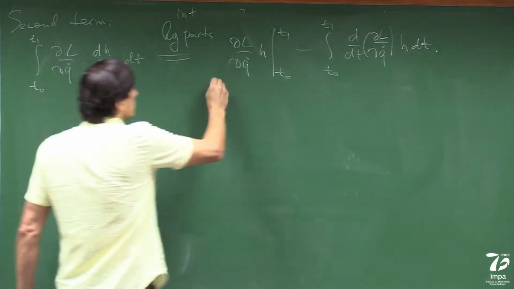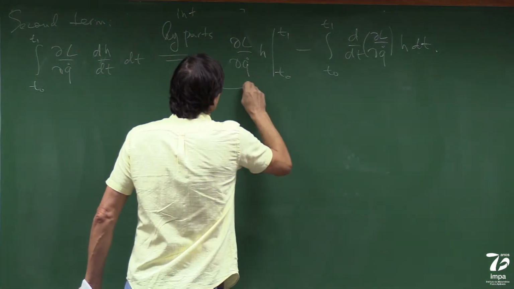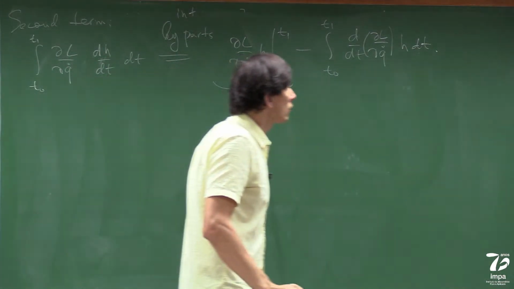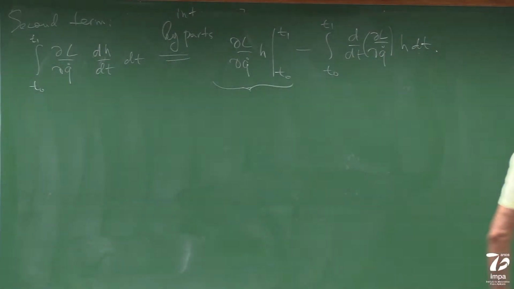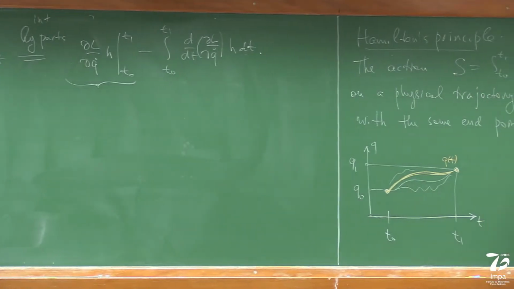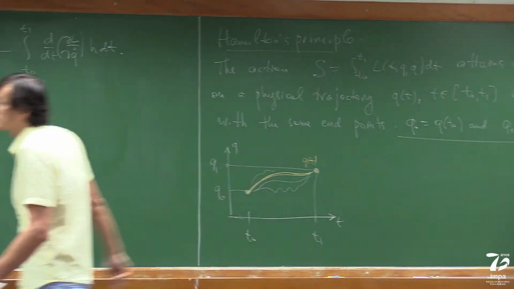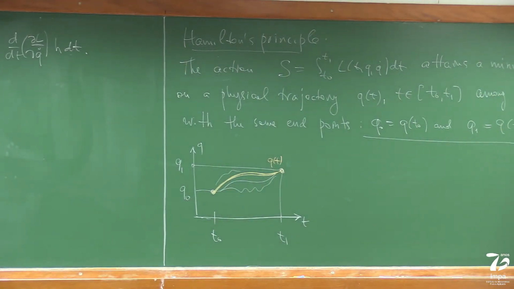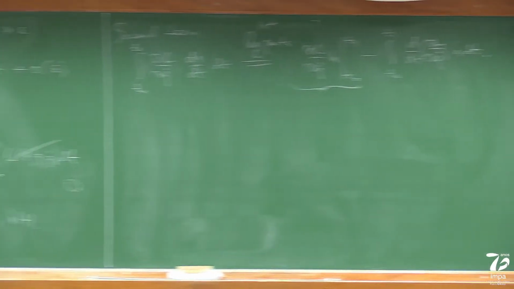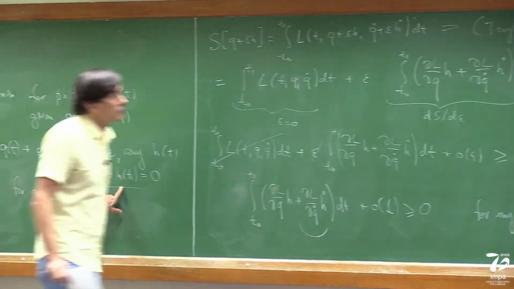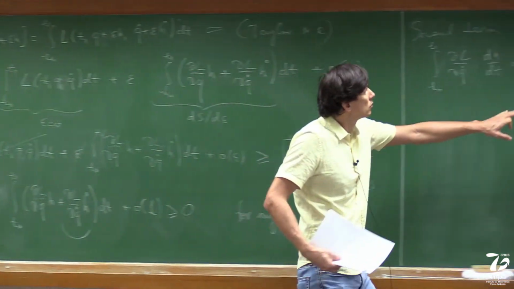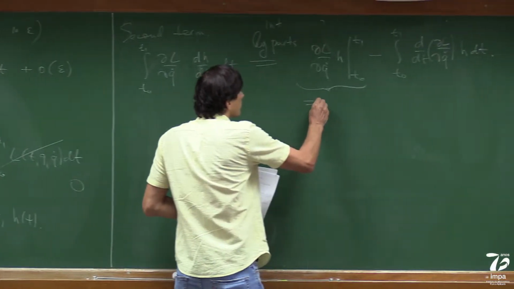And here is where we use the condition that the points are fixed. Since the points are fixed, remember that the perturbation is 0 at both ends, and this kills the first term.